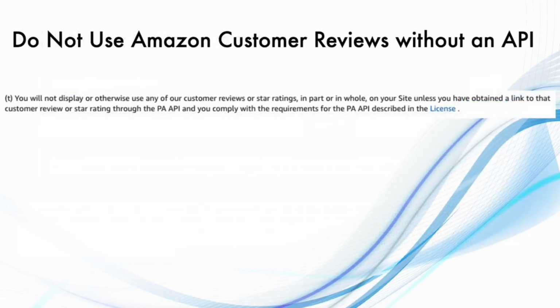Next one is, do not use Amazon customer reviews without an API. This is what the agreement says. You will not display or otherwise use any of our customer reviews or star ratings in part or in whole on your site unless you have obtained a link to that customer review or star rating through the PA API and you comply with the requirements for the PA API described in the license.